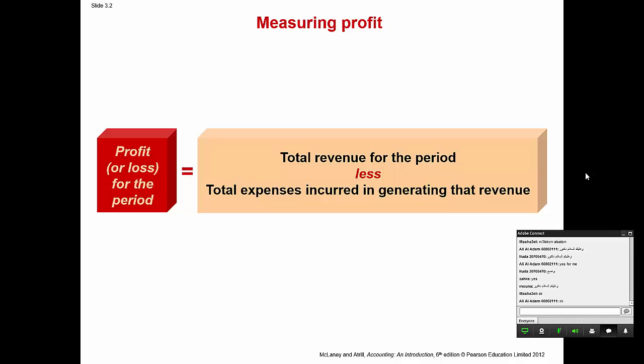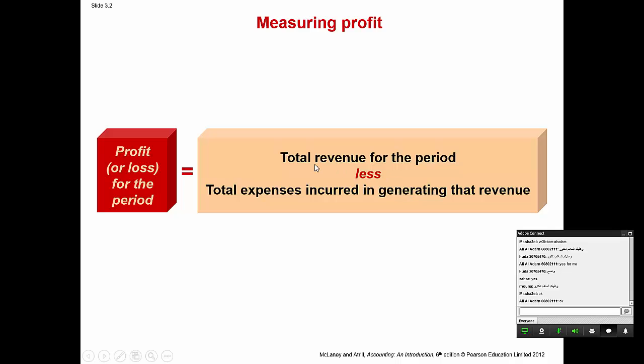We can calculate it by this equation that we can see here. Total profit or loss is equal to total revenue for the period, like for example, this is 1 month or 1 year or 3 months and so on, minus total expenses in the same period.